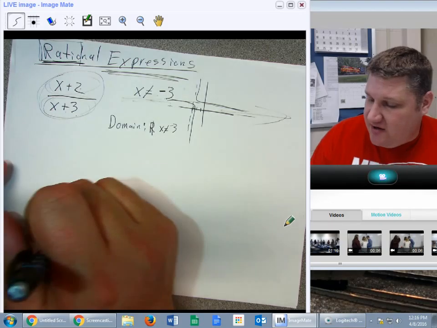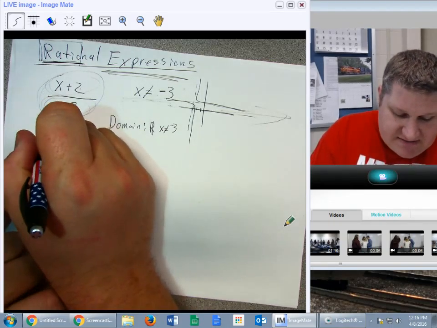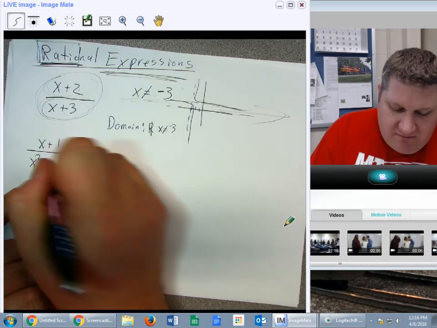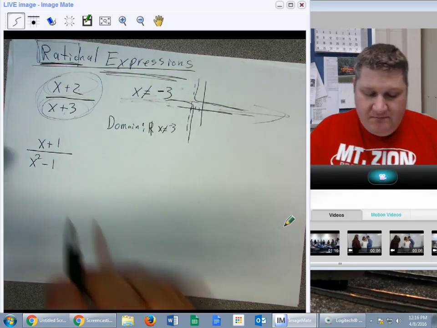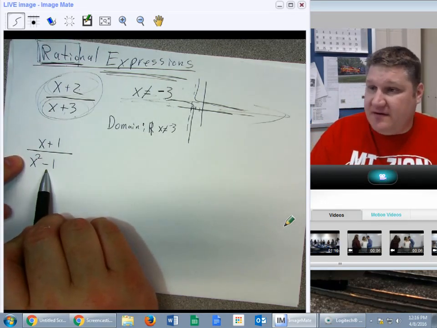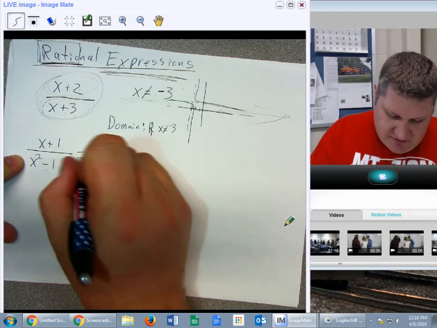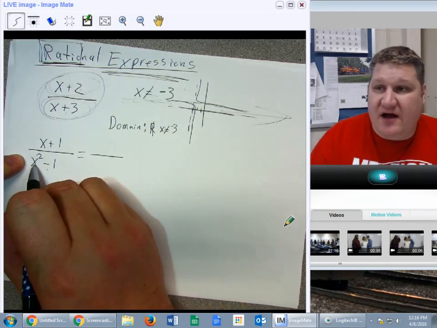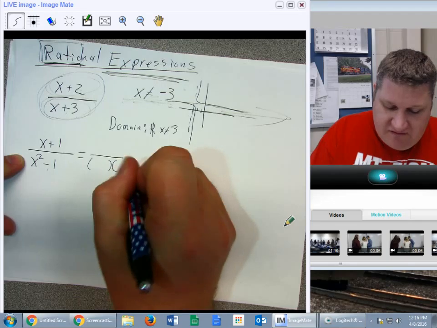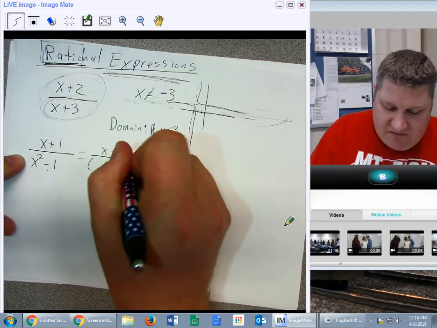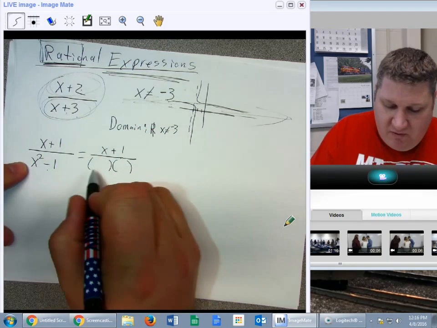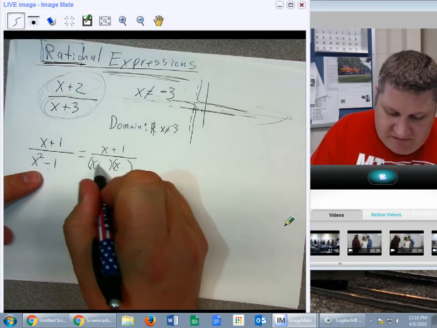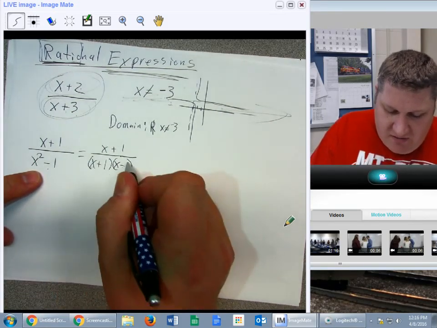Now, we talked about in our last section, what if I have something like this: x plus 1 over x squared minus 1? Well, what do I need to do to the bottom? I have x squared. Break up the x's. How do I break up an x squared minus 1? What do I put where? X and x, plus and minus, 1 and 1.